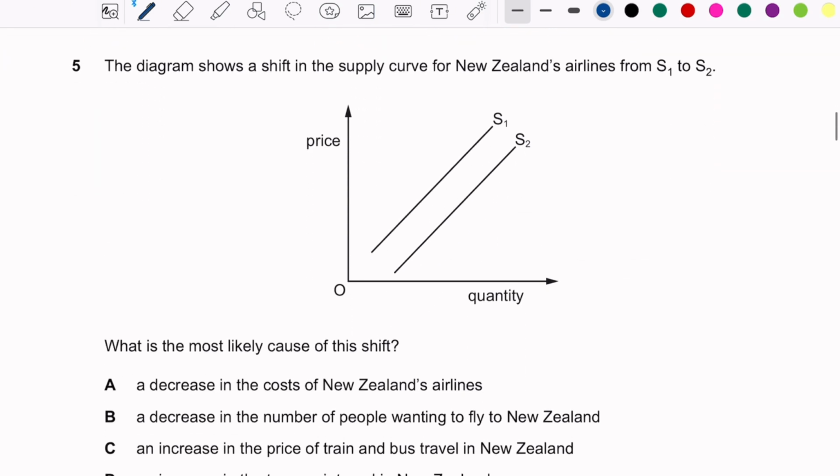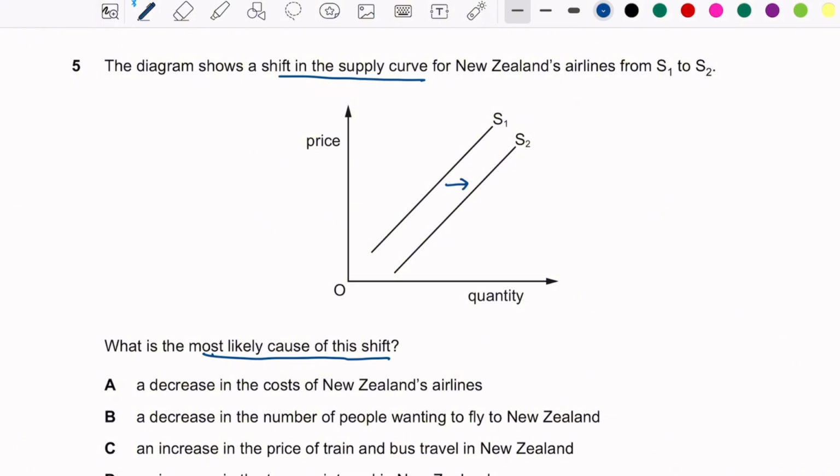Question 5. The diagram shows a shift in supply curve for New Zealand airline from S1 to S2. What is most likely cause of this shift? So S1 to S2. So it's a rightward shift. So when seeing this question, we need to know what are the two conditions of it.